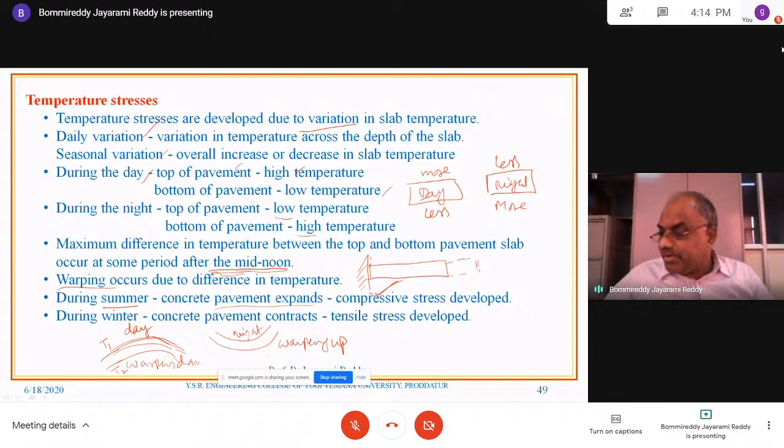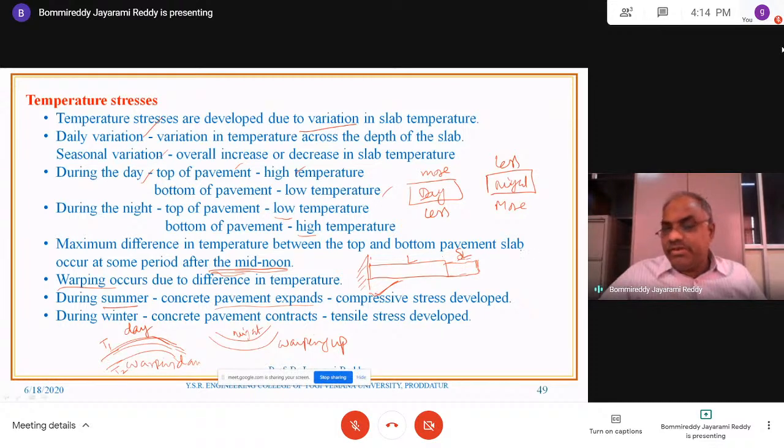What is going to happen? You just look at this. It is original length, say L, and say this is delta L or simply delta. If it is allowed to expand freely, no stresses are induced in the slab. But here what is going to happen?